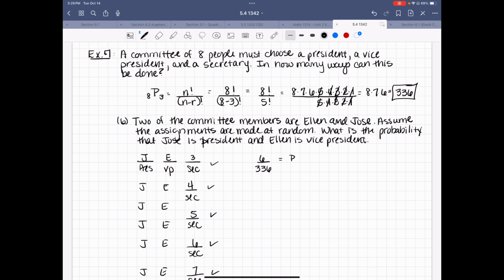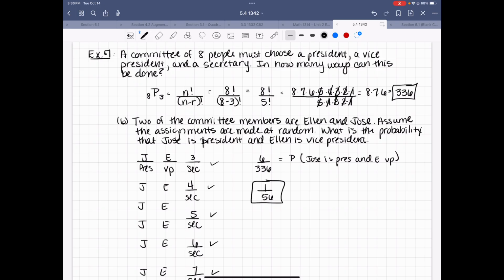So that's going to be the probability that Jose is president and Ellen is VP. 6 out of 336 is going to give me 1 out of 56. Okay, that's part B.